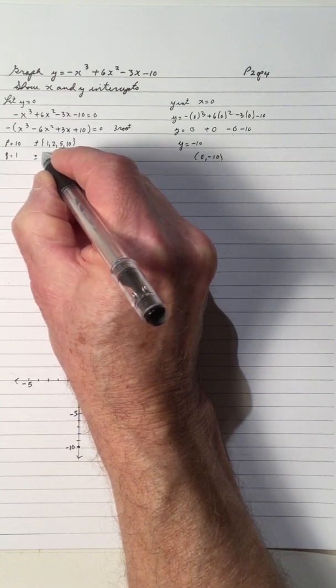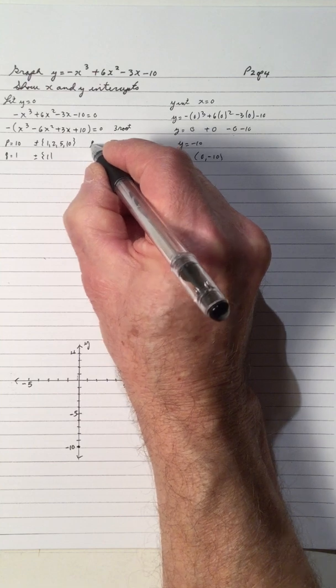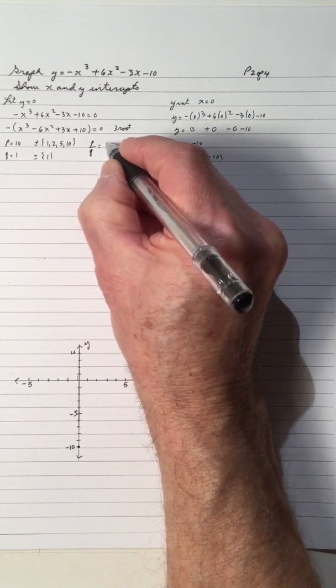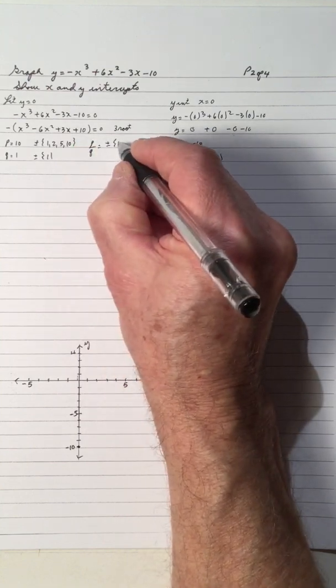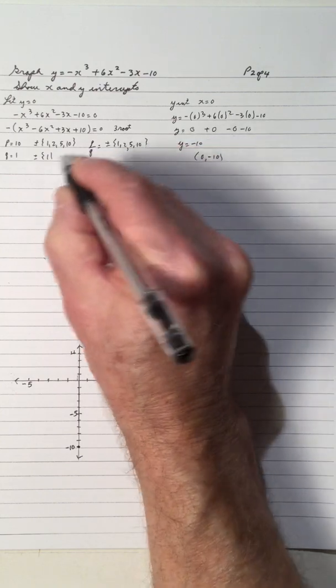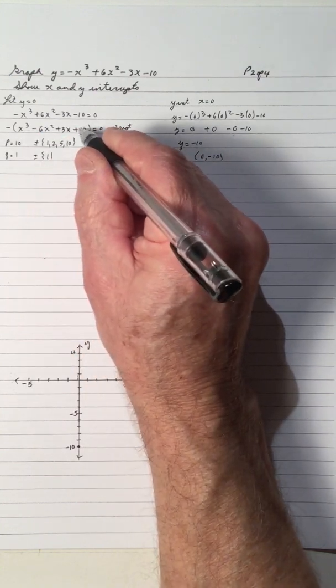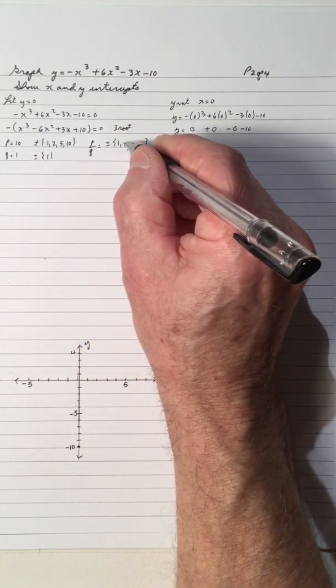Factors of 1 are plus minus 1. So that means p over q is plus minus 1, 2, 5, and 10. Because we're dividing by 1, these are integers. So these are the possible roots.